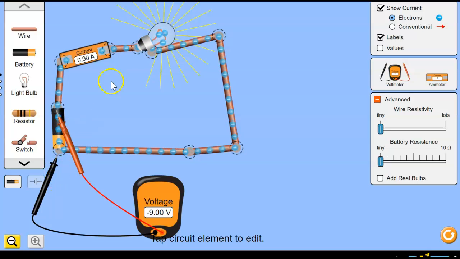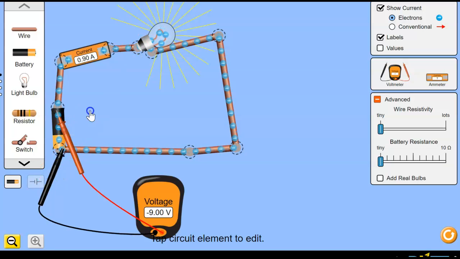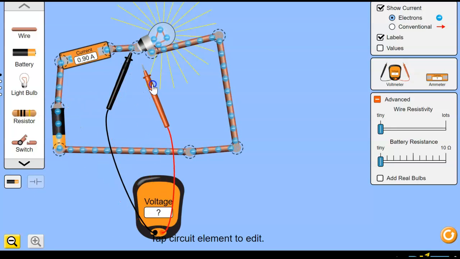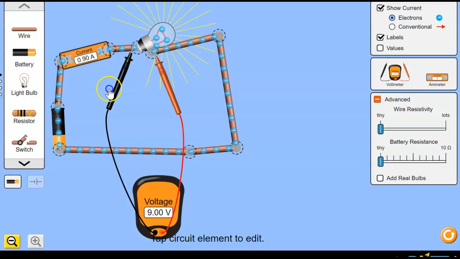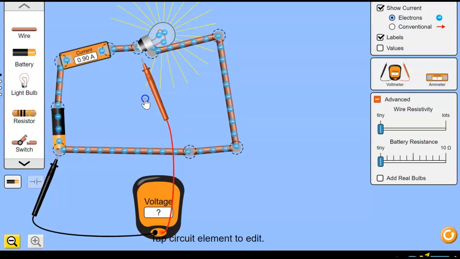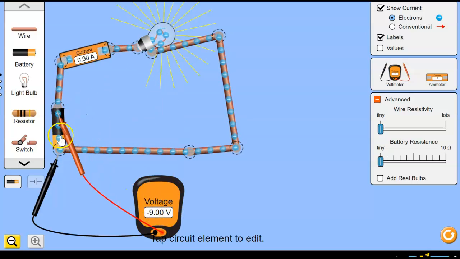So you notice it's the opposite of what was in the lamp. If I check right before with the black and right after with the red, I get 9 volts for the lamp. And if I check right before the battery with the black and right after the battery with the red, I get negative 9 volts. And that is because in the battery, they are gaining energy, and then in the lamp, they are losing energy.